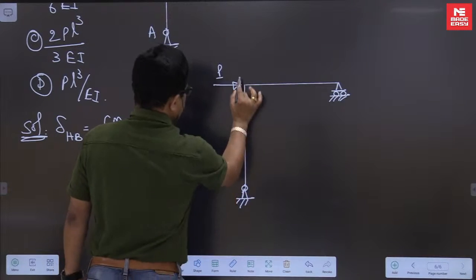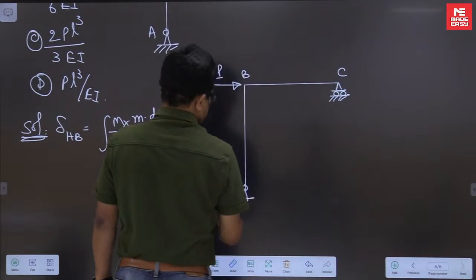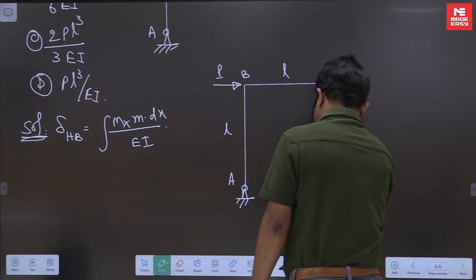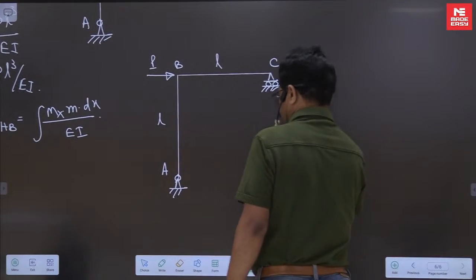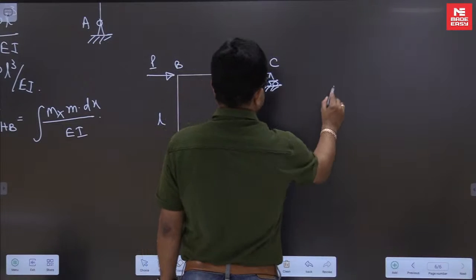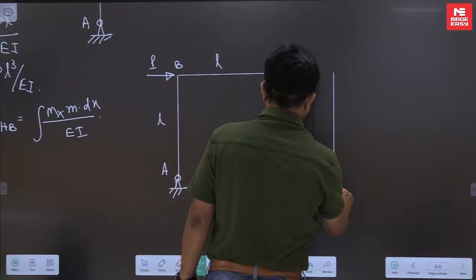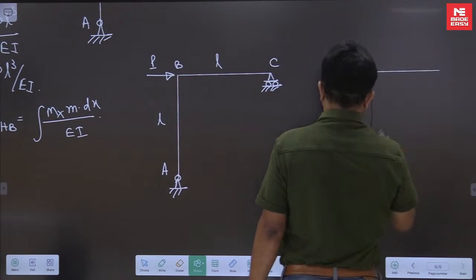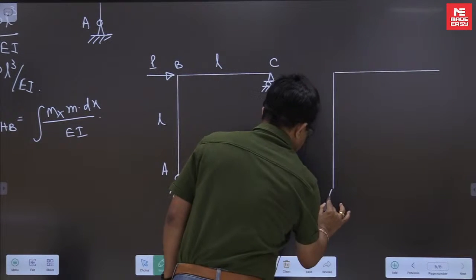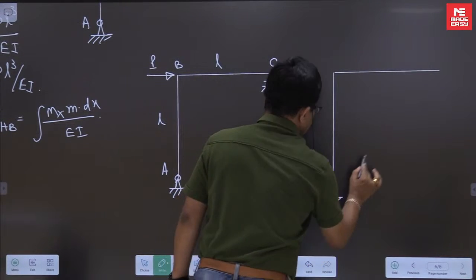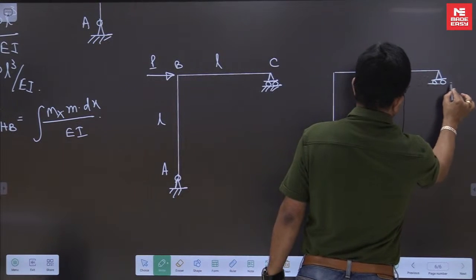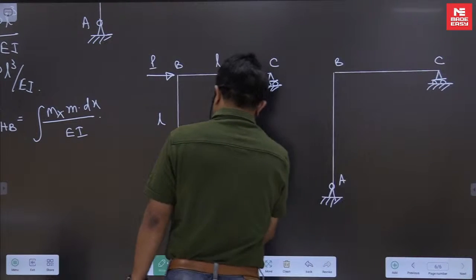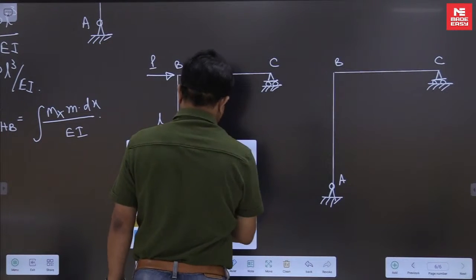This point, let us say A, B, C. Length is L, L. A, B, C. Now we have to apply only one.